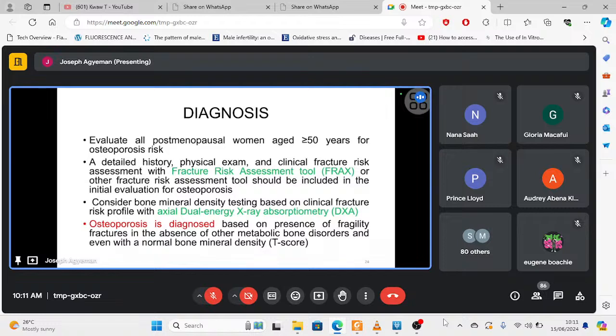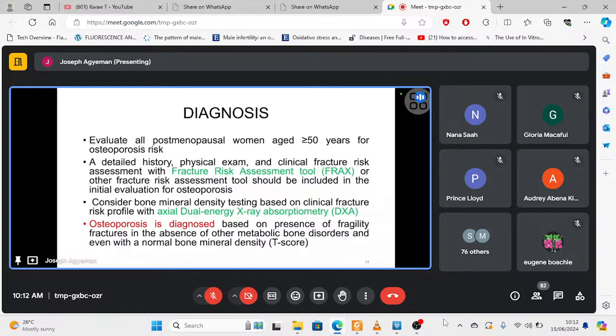Then you compare it to the average. And if the person is deviating from the average as per the person's age, sex, and ethnicity, there is always an average for these factors.